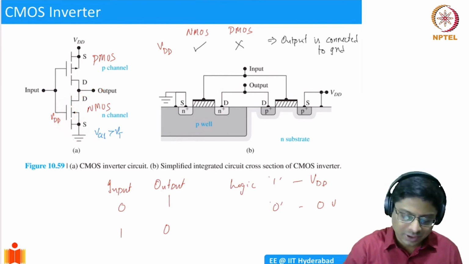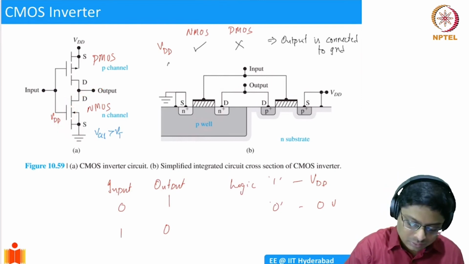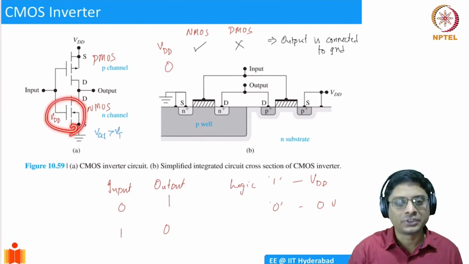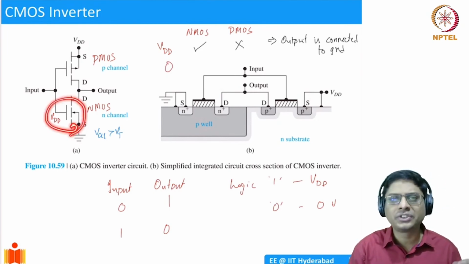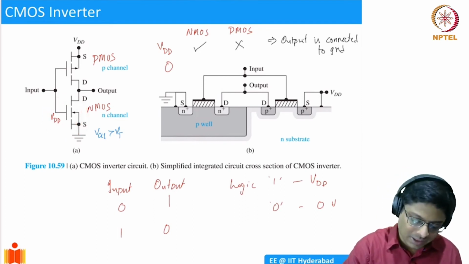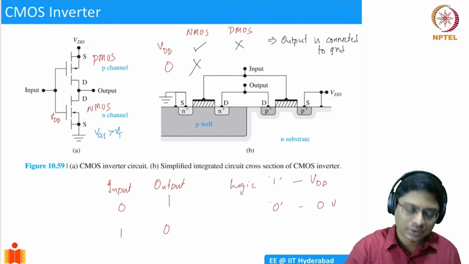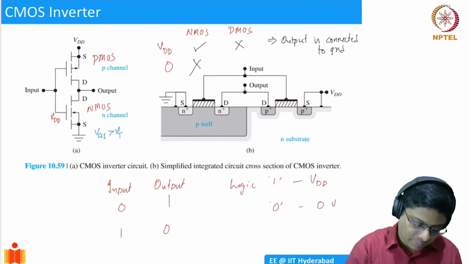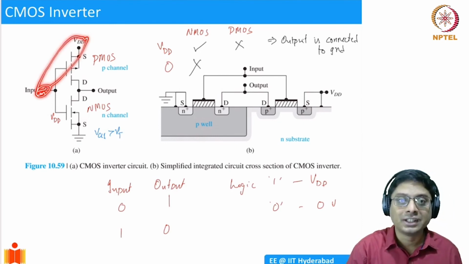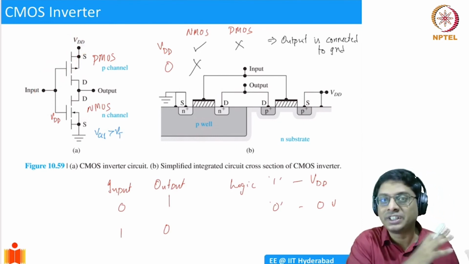Now what happens when your input is 0? When your input is 0, what is VGS of the NMOS device? VGS of the NMOS device is 0. It is less than VT. So in this case, my NMOS device is going to be off, whereas for the PMOS device the input is 0, so VGS is minus VDD, which is less than minus VT of the PMOS, right?